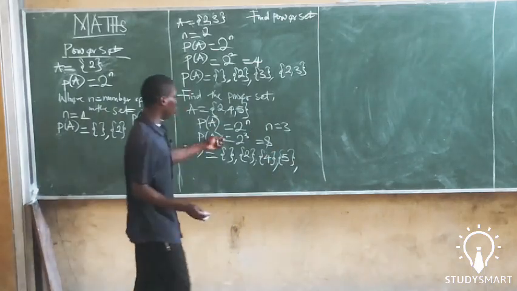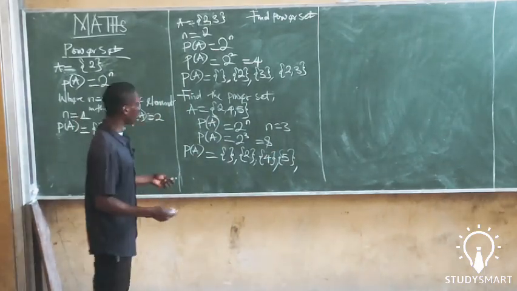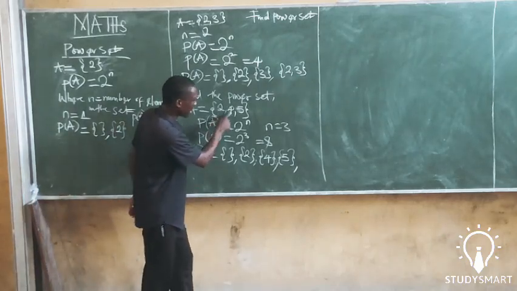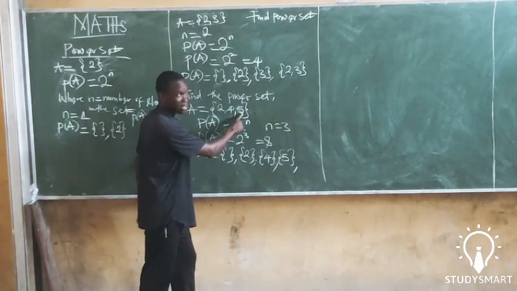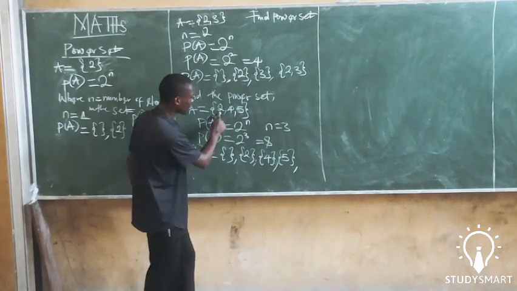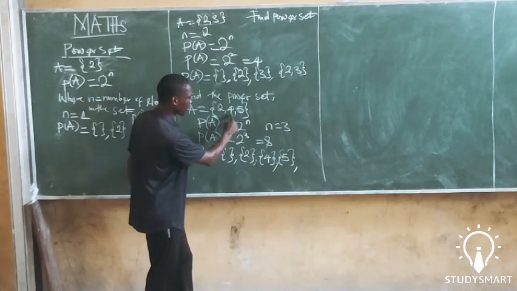Now we are done with taking them individually, so we'll go in twos. So now it works this way. This and this, and this, then this and this.